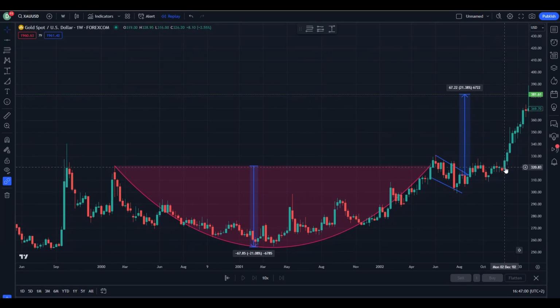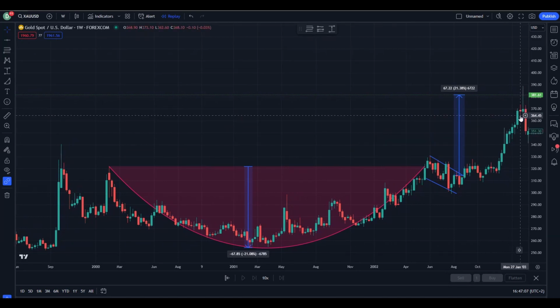You can notice over here there were 2 months of a consistent increase, a small correction here, and finally a big jump that took the price close to 390, reaching the target from the pattern. Now, it's a very good indication knowing that gold had similar conditions like today back in the past and that it reached the expected target.